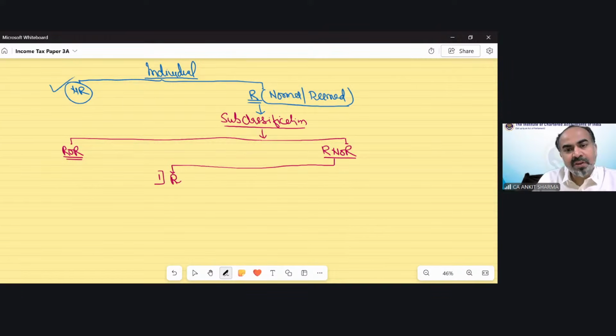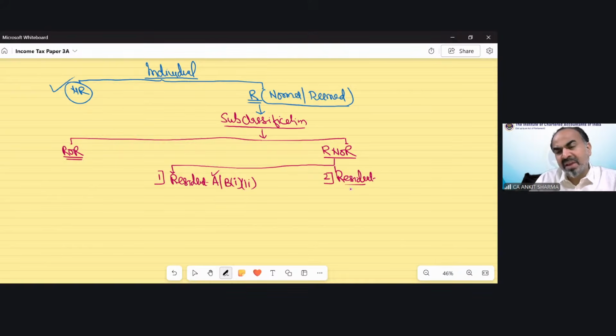So if you are a resident as per category A or category B, first point or second point, then in the first category we will find out. I am making these differences because it will make the provision less complicated. In the examination, you will know how to find out RNOR or ROR.